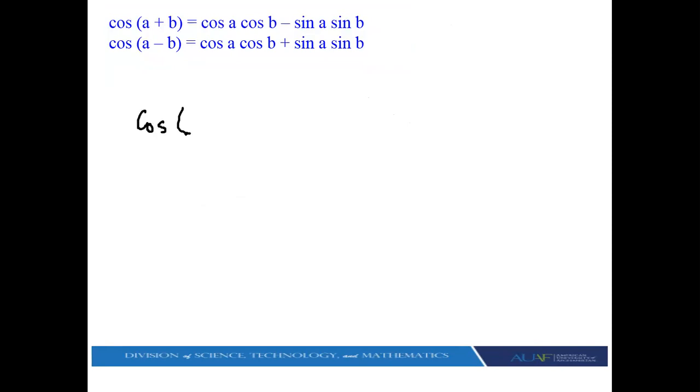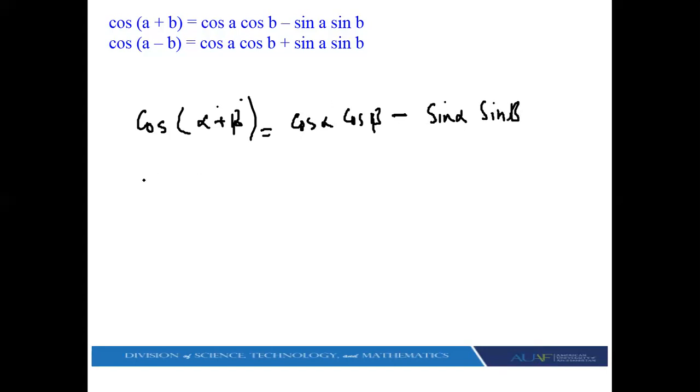In cosine, if we have cosine of alpha plus beta, then we have what? Cosine of alpha, cosine of beta, then we have minus. If we have plus here, in cosine we have minus. So cosine alpha cosine beta minus sine alpha into sine beta.